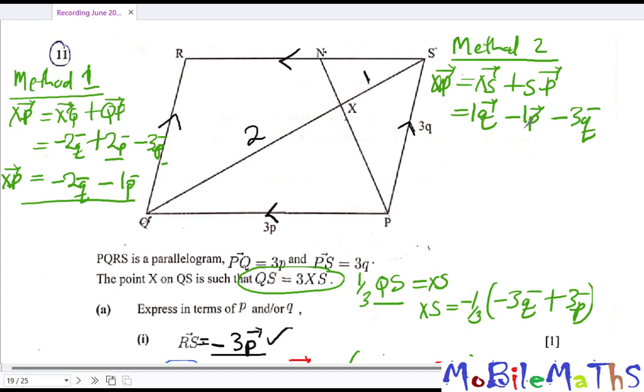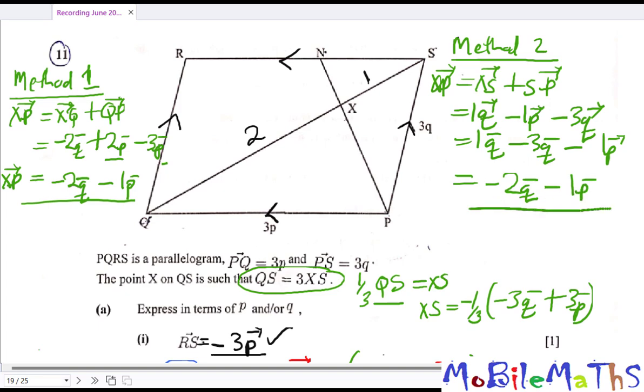Okay, so simplifying, I have a 1q here and a negative 3q here and my minus 1p here. So we can simplify. This is going to give me negative 2q and then my minus 1p there, like that.